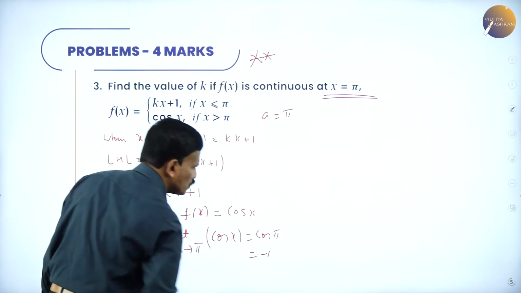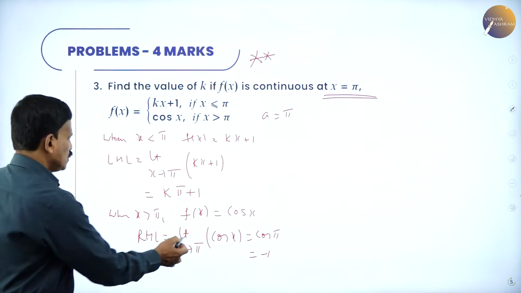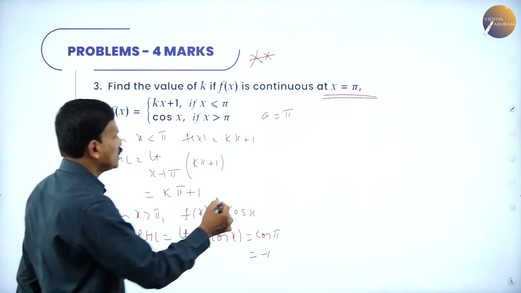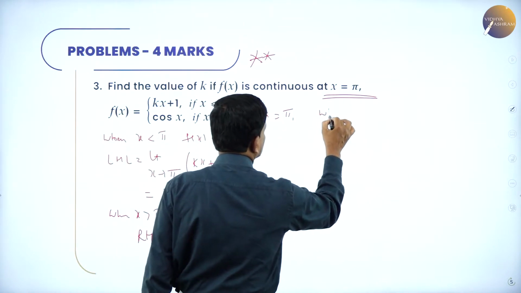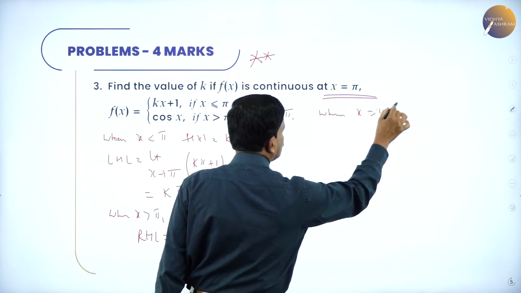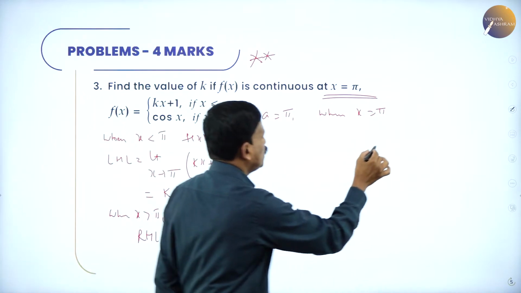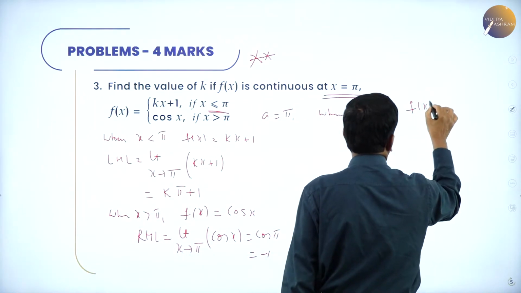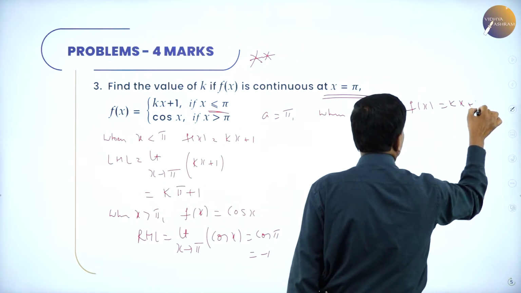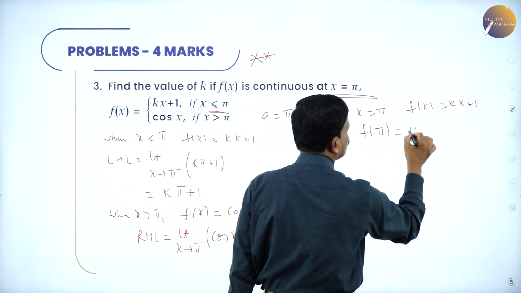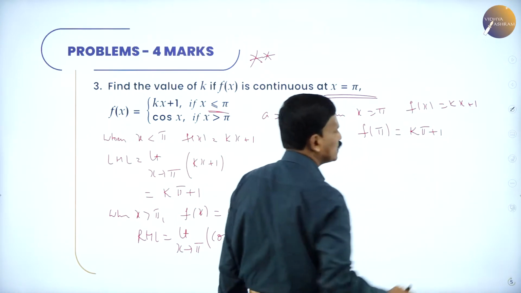Cos pi is equal to minus 1, since x is equal to pi. Again further, third point, when x is equal to pi, f of x is equal to kx plus 1. Now put x is equal to pi, f of pi is equal to k into pi plus 1.